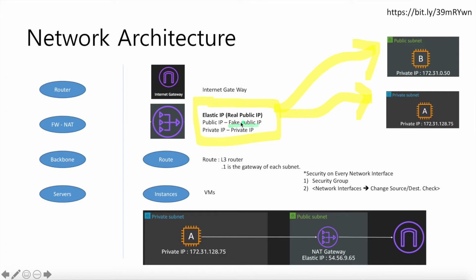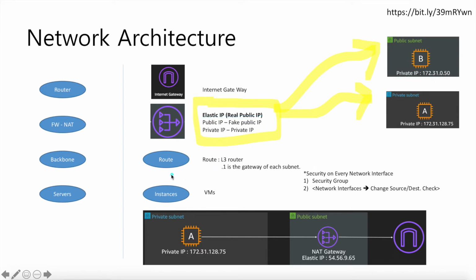But if AWS calls it an elastic IP, it's a real public IP. Private addresses are like 10 dot, 172, or 192 and so on. Usually we say it's private, but here in AWS the private subnet can have such private IP addresses. Only the elastic IP is a real public address.